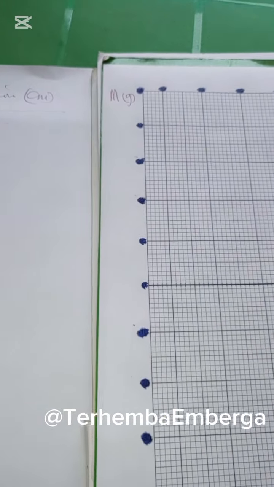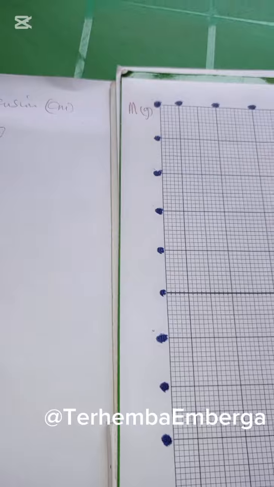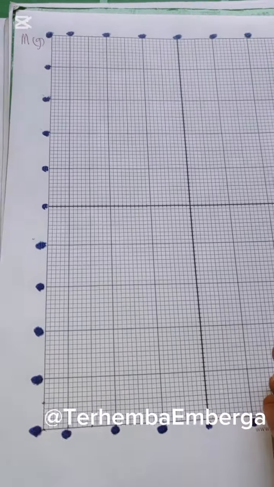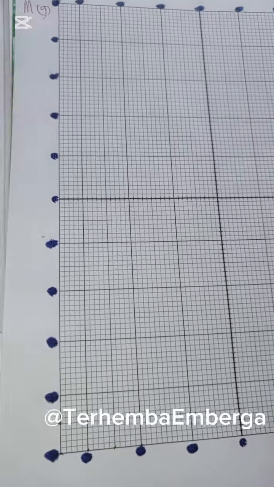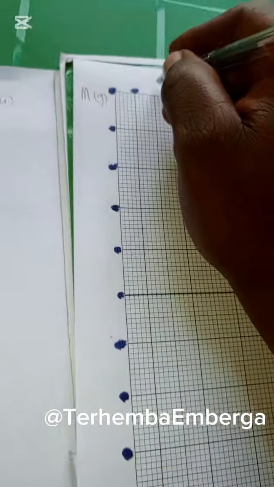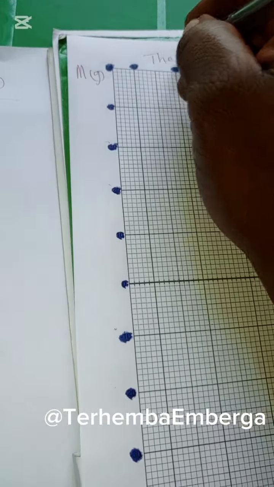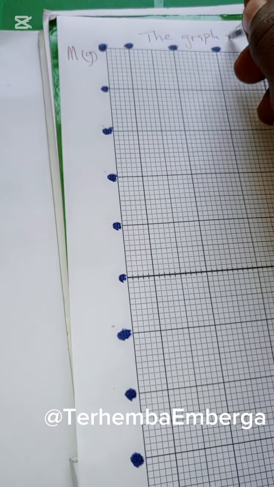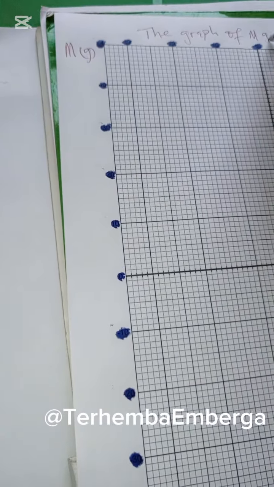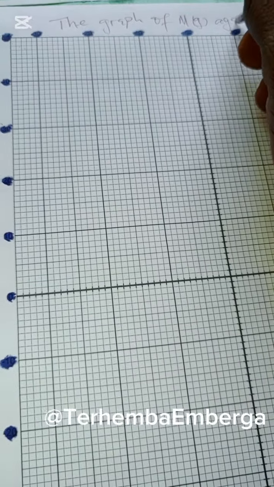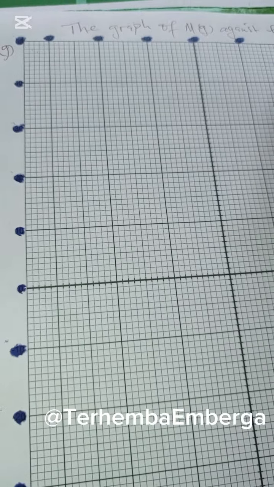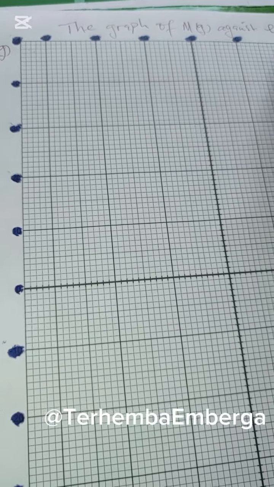And then the next thing is the title of the graph. And what is the title of the graph? You can say the graph of m in grams against E as the extension in cm.